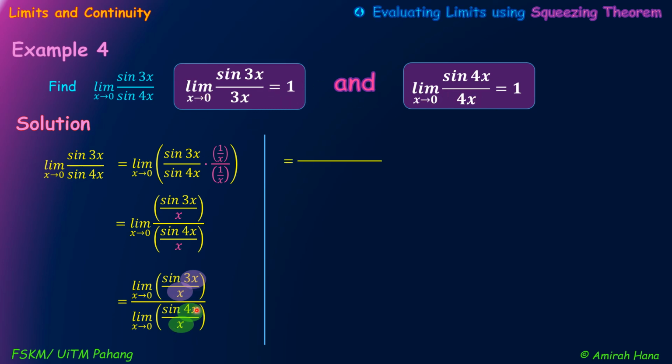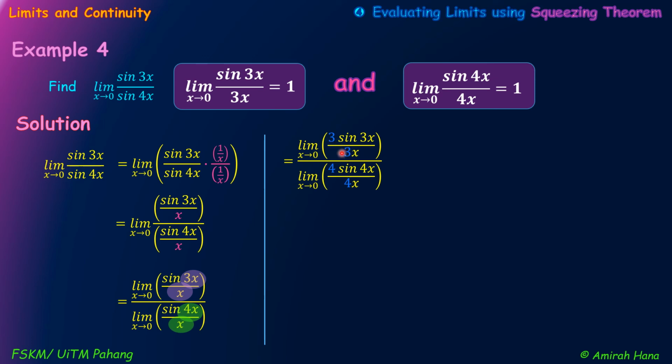What should we do? We need to multiply this denominator by 3. And when we multiply the denominator by 3, we also need to multiply the numerator by the same value, so that it equals 1. Any value multiplied by 1 will not change its original value.